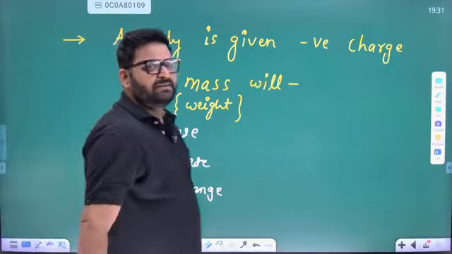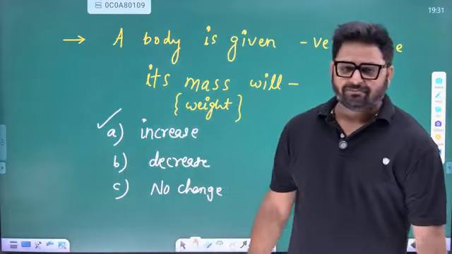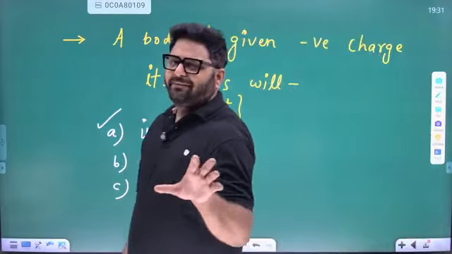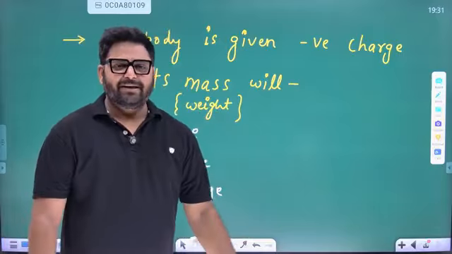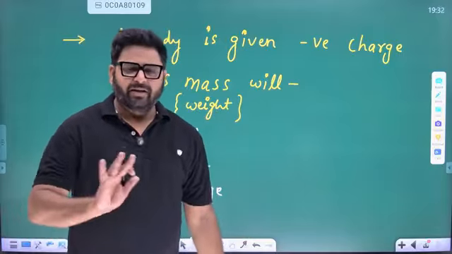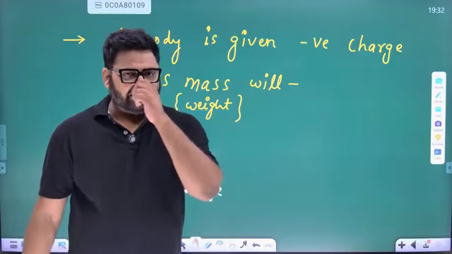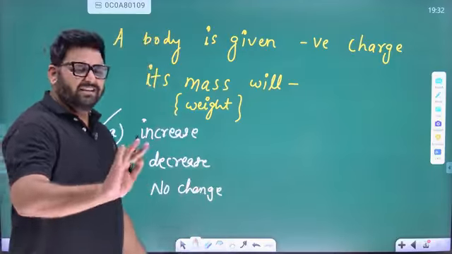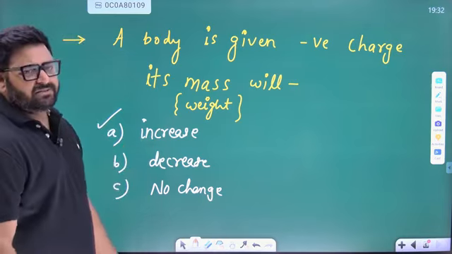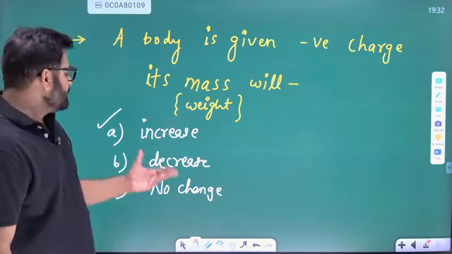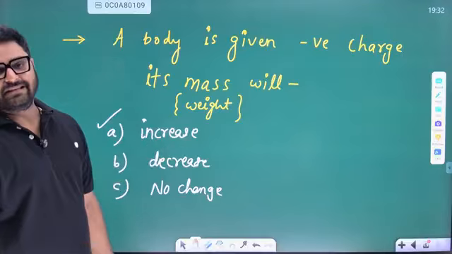And if mass is increasing, obviously its weight is increasing. But don't mind, this increase in weight and mass is negligible. There is no noticeable effect. But if the examiner asks this question, the correct answer will be increase.